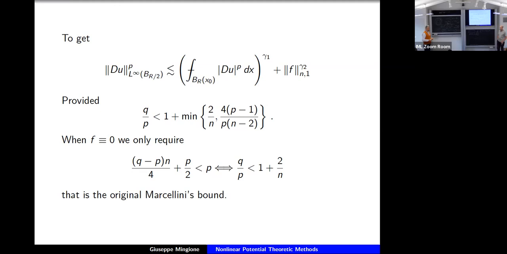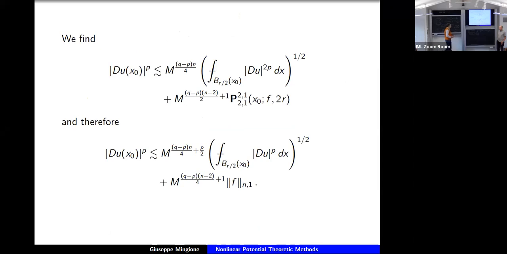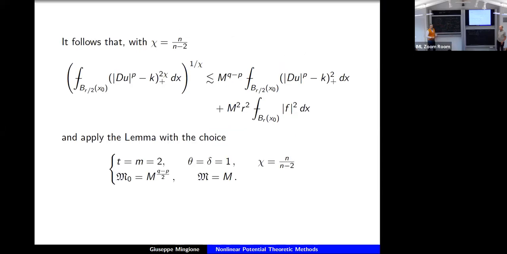So the thing is, if you have dependence on u, something like that, then you cannot do this. And also, if you don't have divergence form, and you want to work with viscosity solutions, then these ideas may not work.